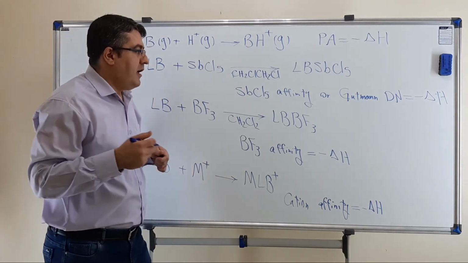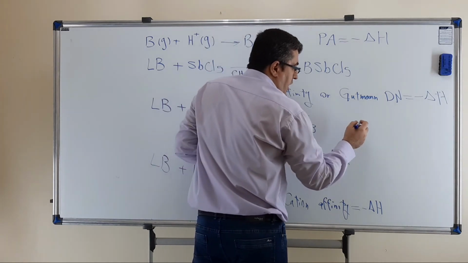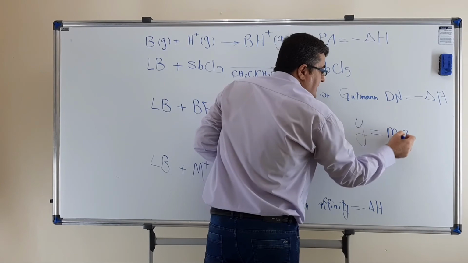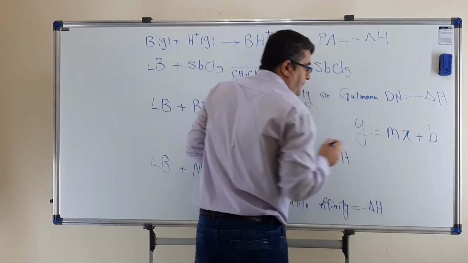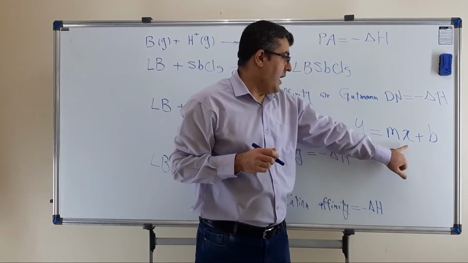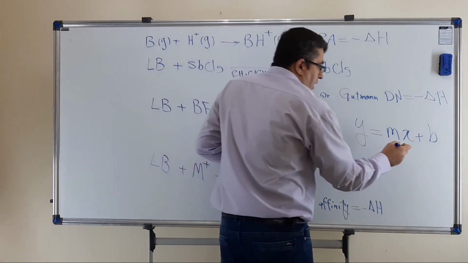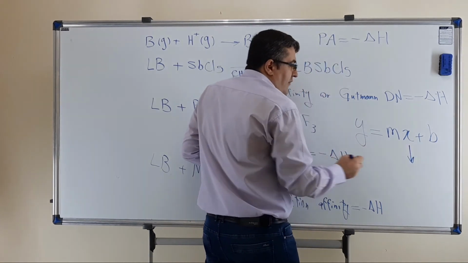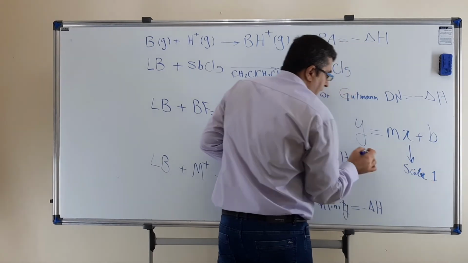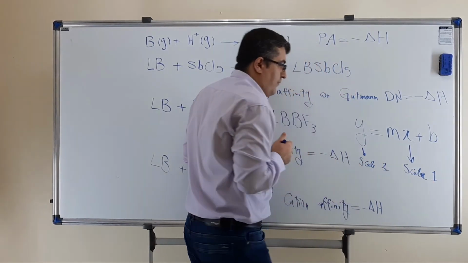For example, relationships of this kind: y is equal to mx plus b, the formula of a straight line. x is one of our scales, for example, scale 1, and y is another scale, for example, scale 2.